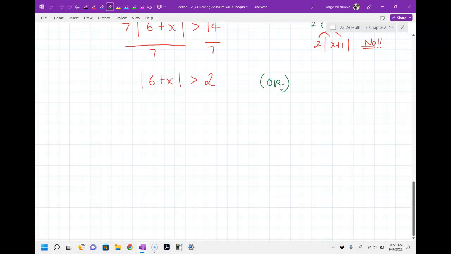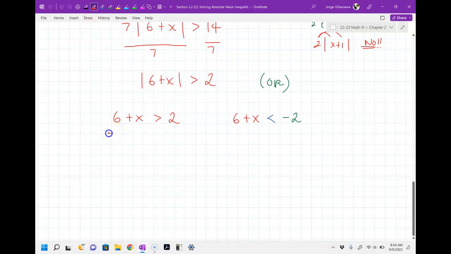So let's go ahead and solve this. 6 plus x is greater than 2. The first one's always easy to write. The next one, we're going to have to switch things around. 6 plus x is less than negative 2. At that point, solve each piece, and then you're pretty much done, and then you got a graph.